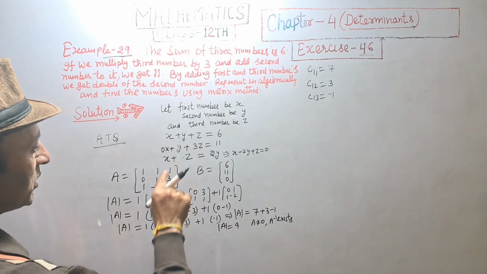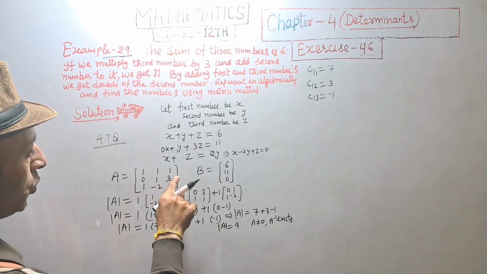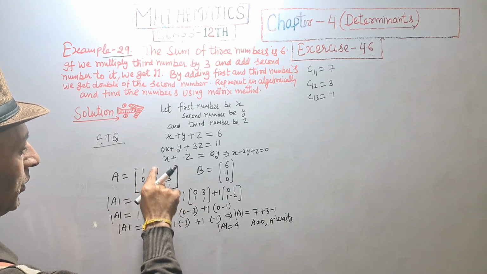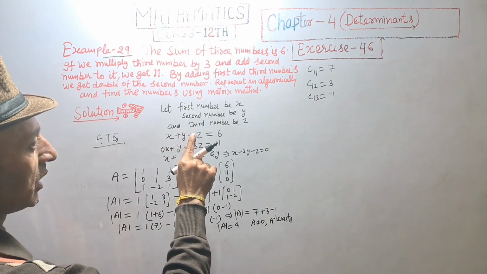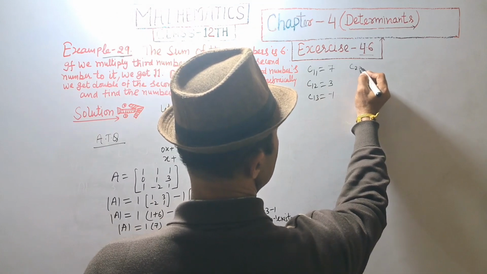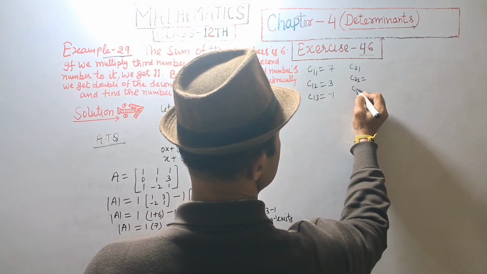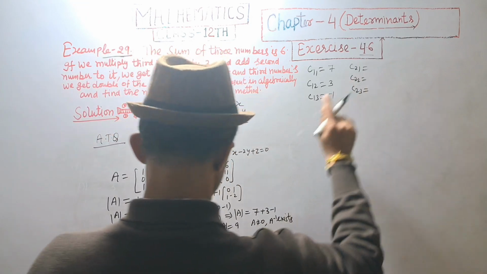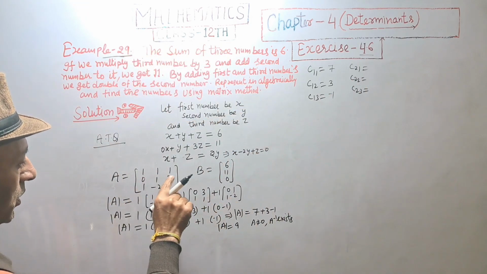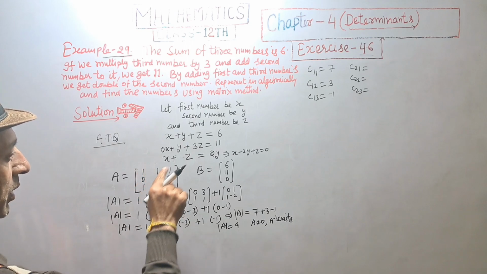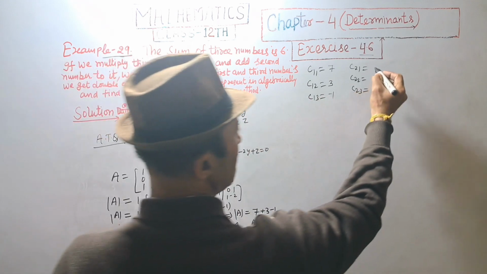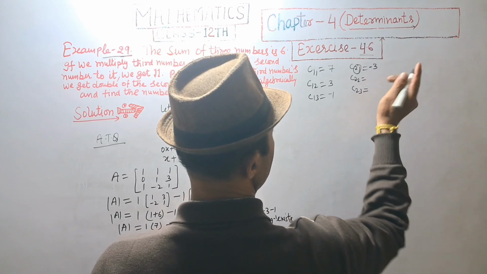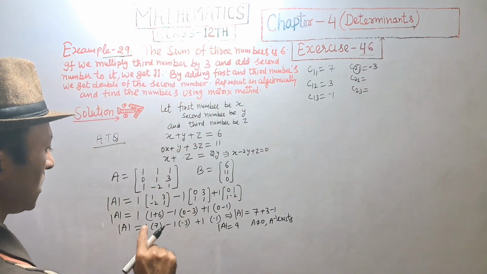And we find C21, C22, C23. C21 means 2, 1, where 1 times 1 plus 2 is 3. That will be negative 3, because 2 plus 1 is 3, so 3 multiplied by the negative sign gives minus 3.